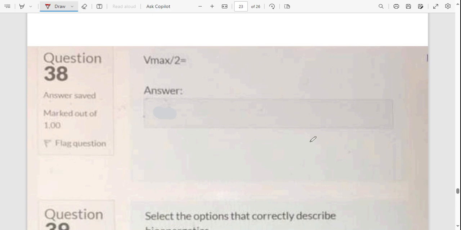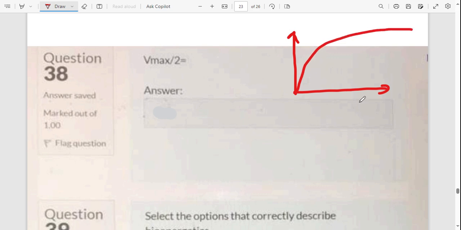Vmax divided by 2, when you're talking about the Michaelis-Menten kinetics, you're going to see the reaction is going to go like that. There will be a point whereby even if you increase the concentration of the substrate, you can no longer increase the rate of the reaction. At that point, you have reached the maximum velocity that is known as Vmax.